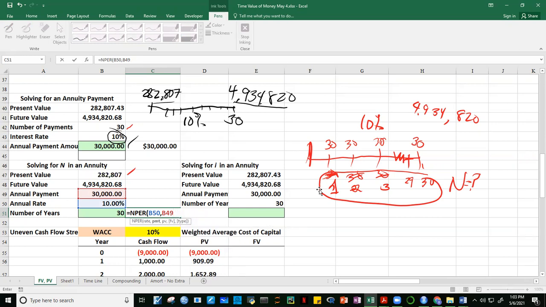PMT is 30,000. What's your present value? 282. So kung si 282 equivalent na ni 30,000, wag na natin gagamitin si FV. We can just close this here. Or kung gusto niyo gamitin si FV, wag niyo gagamitin si PV. So that's the way to go about it.